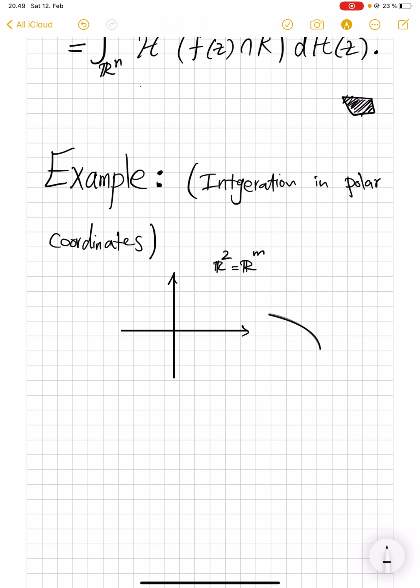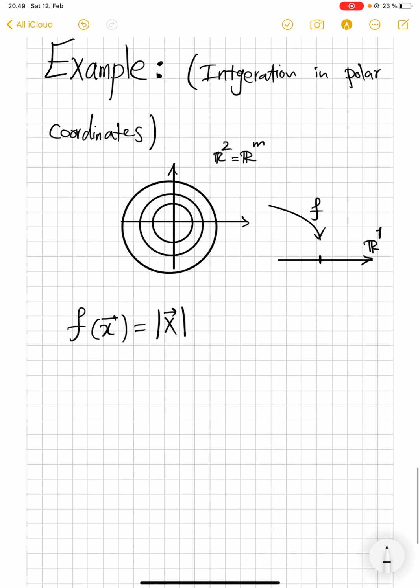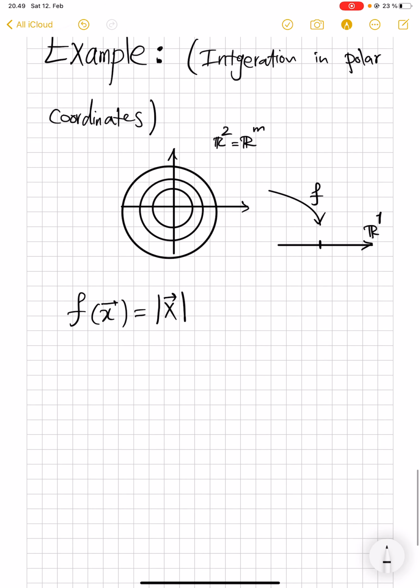And then you want to integrate a function by first integrating over the circles. So you have to give a description of circles as fibers of some map. And that map happens to be the function that goes into R^1, where f of a vector is just the length of the vector. And these will work in arbitrary dimension. So this notation is perfect.